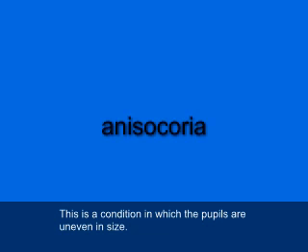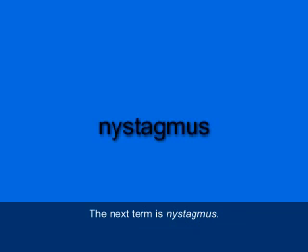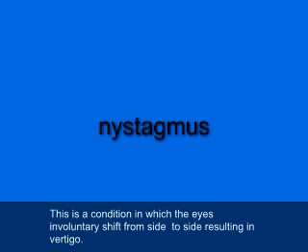And this is a condition in which the pupils are uneven in size. The next term is nystagmus. This is a condition in which the eyes involuntarily shift from side to side, resulting in vertigo.